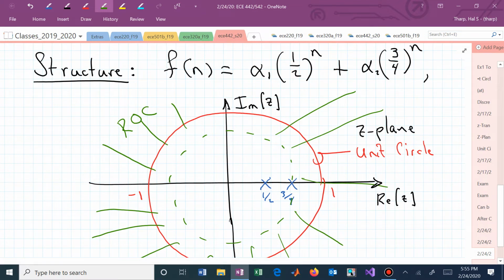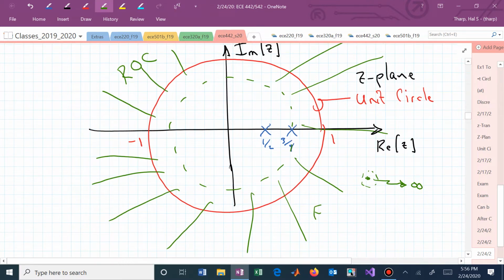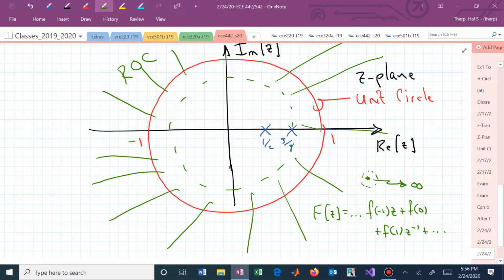That means that we actually can have something going off to infinity, which if we were doing F of z and we had something like f of minus 1 z plus f of 0 plus f of 1 z to the minus 1 in that series expansion, which was this infinite expansion, and we know that the region of convergence can go off and include going off to infinity.